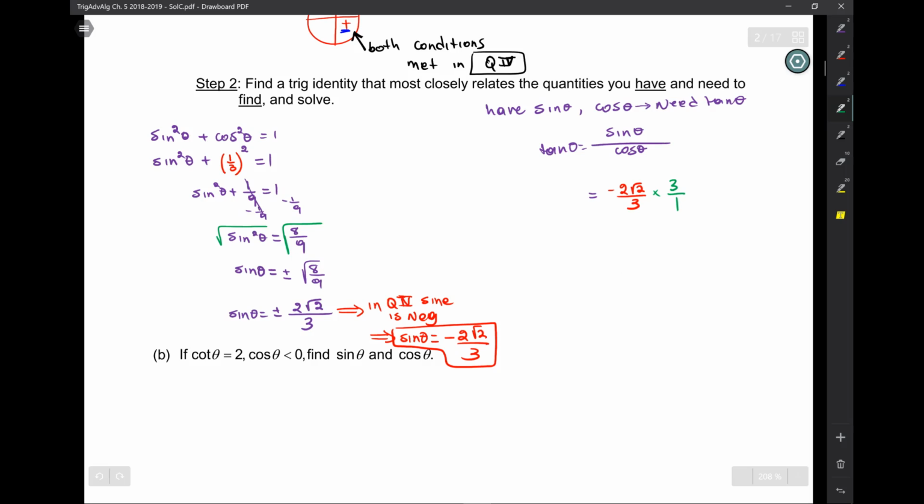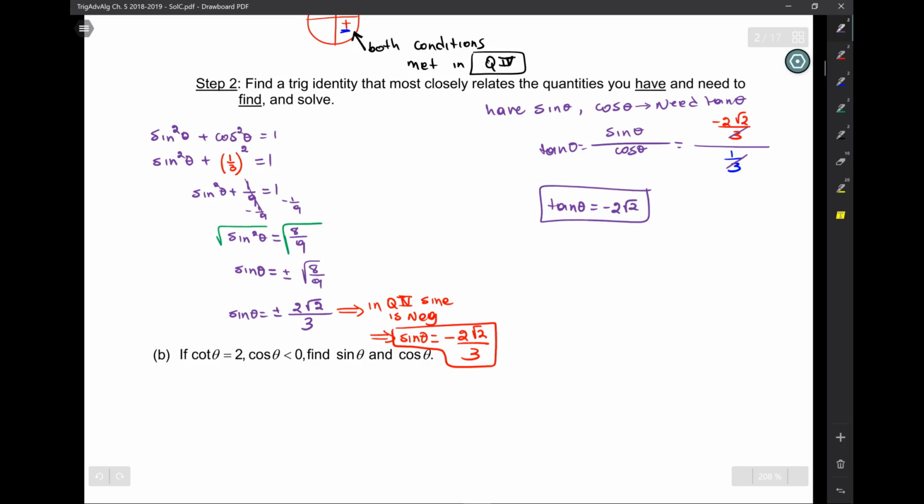Let's do that again. This is sine of theta, which was negative 2 root 2 over 3, over cosine of theta, which was 1 over 3. So now the 3's go away. On top I have negative 2 root 2, so that's the answer.